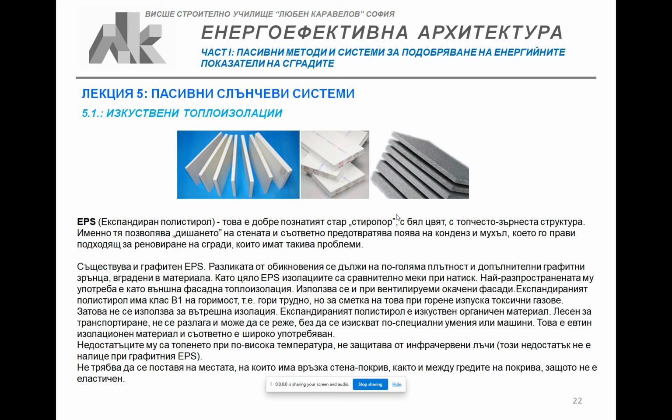Expanded polystyrol is older as a technology, and in it the single granules filled with air are heated, they expand, and then they are pressed together while they are hot, and they stick to each other, and this way these elements are formed. However, this kind of insulation is very unstable. It can be easily mechanically destroyed, and has lower qualities.